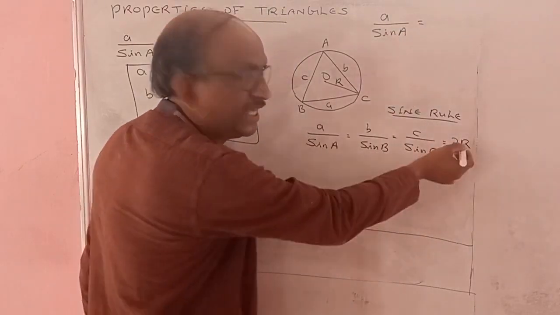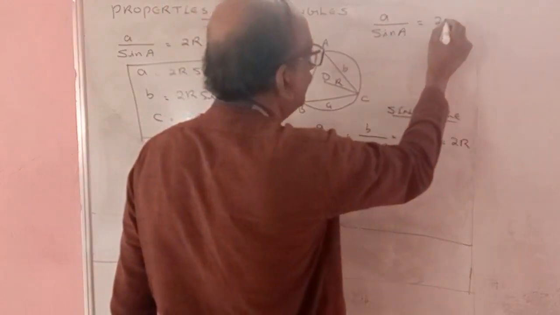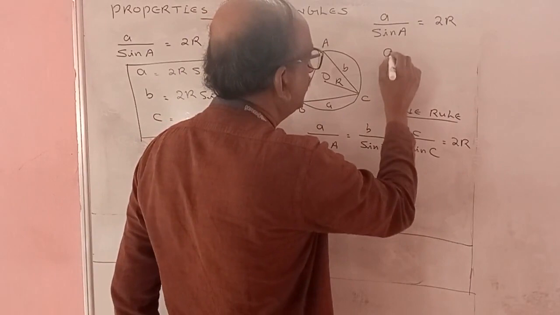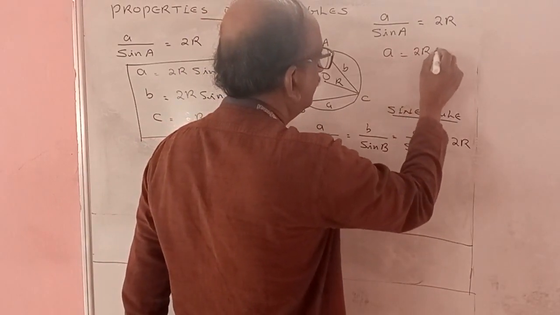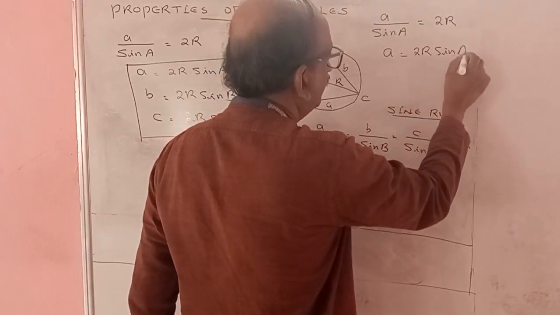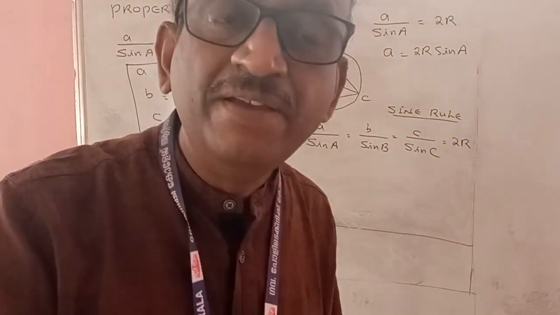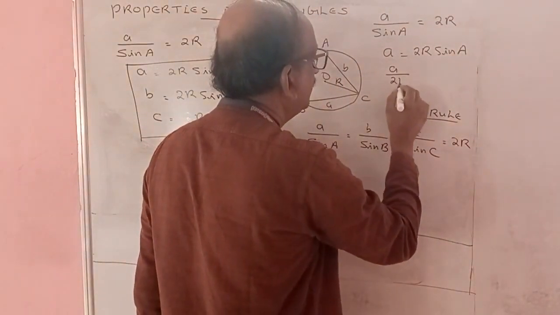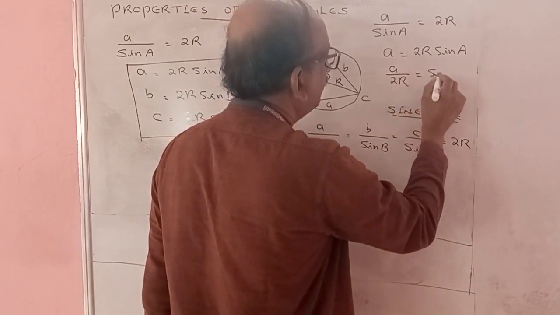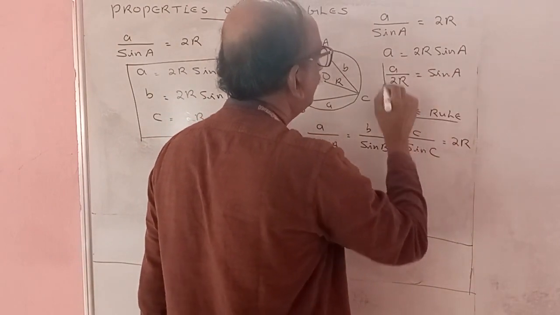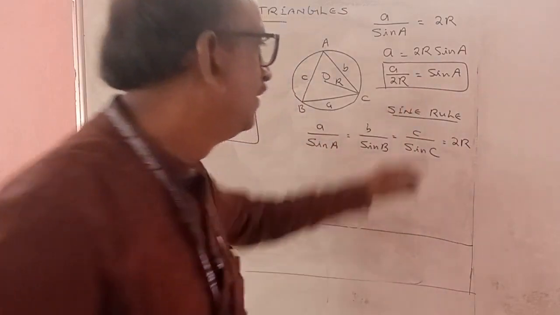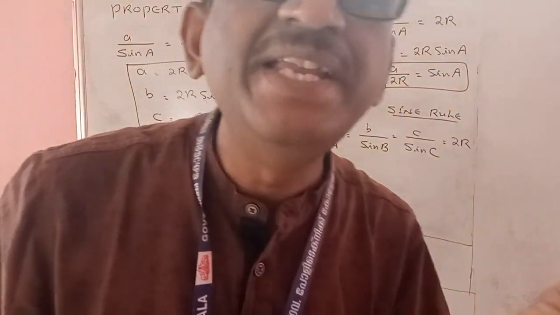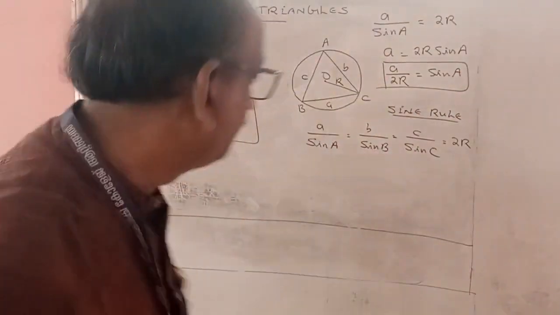a by sin A is equal to 2R. Therefore, cross multiplying, a is equal to 2R sin A. Next, divide by 2R. Therefore, a by 2R is equal to sin A, or sin A is equal to a by 2R.